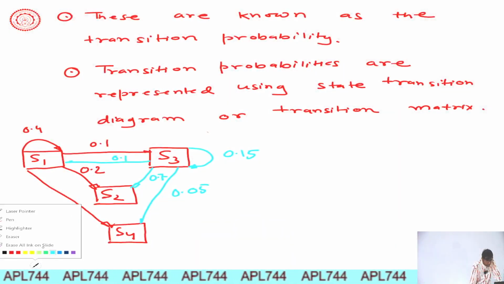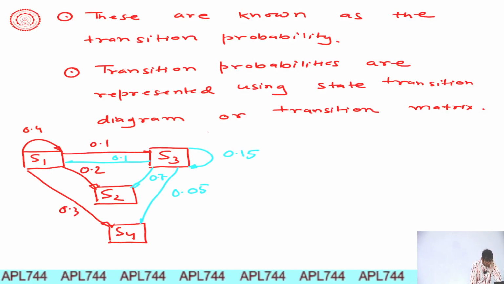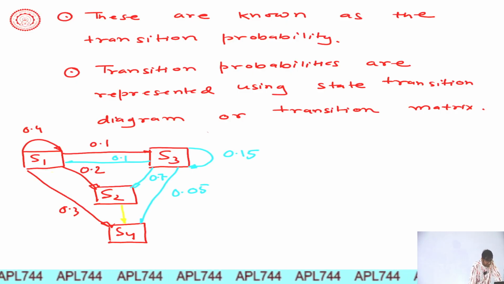Next, let us come to S2, and let us assume that from S2 you can only go to S4 and to, let's say, S1. So basically that is also a possibility. There is no compulsion that from a state you have to go to all the states with a finite probability.